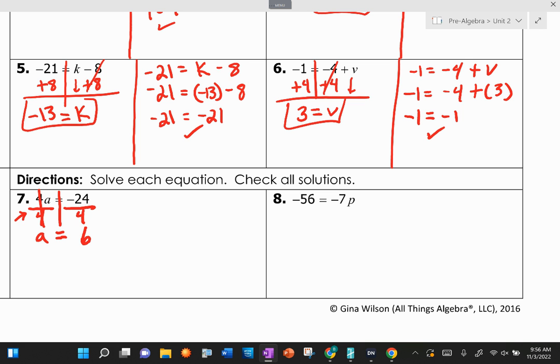If I multiply two positives together, my answer is positive. If I multiply two negatives together, my answer is positive. The only time that you'll get a negative answer is when the signs are different. That's all you have to remember. Are the signs different? It's negative. Are the signs the same? It's positive.